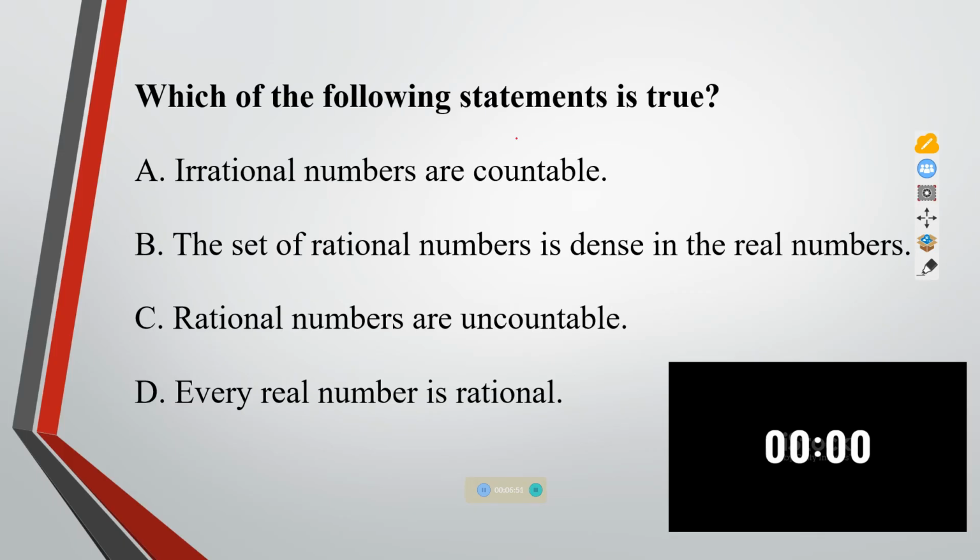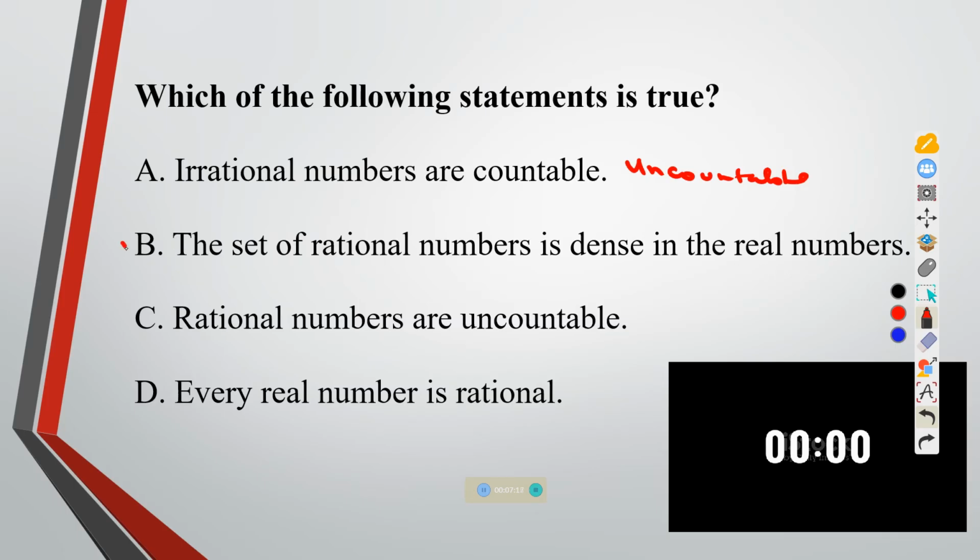Looking at this, which of the following statements is true? We are given that irrational numbers are countable. This is false. Irrational numbers are uncountable. The set of rational numbers is dense in the set of real numbers.